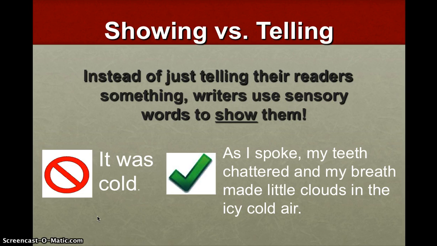So it shows us as opposed to just telling us. And as you can see between the two examples, it's far more interesting, far more unique, far more creative. Yes, is it more challenging to write? Absolutely. But look at the difference, and think about how that makes you look as a writer, and the creativity and the uniqueness that your writing will have.